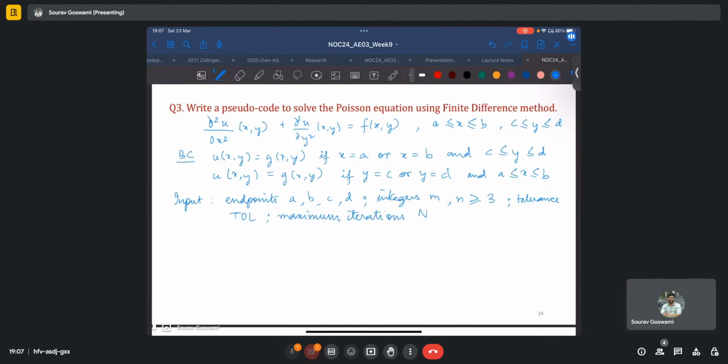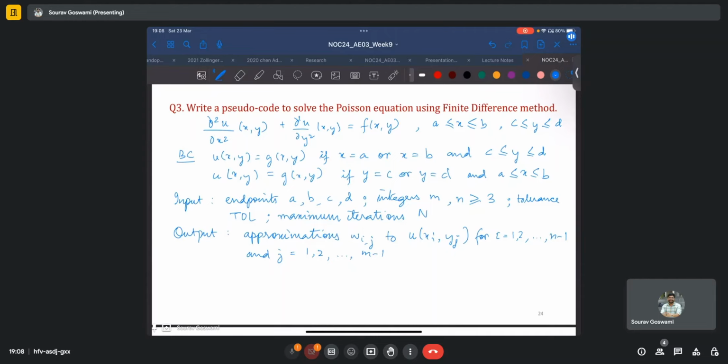And the output which you would expect from such a code is the approximations w_ij to the exact solution u(x_i, y_j) for i equals 1, 2, up to n minus 1 and j equals 1, 2, up to m minus 1.